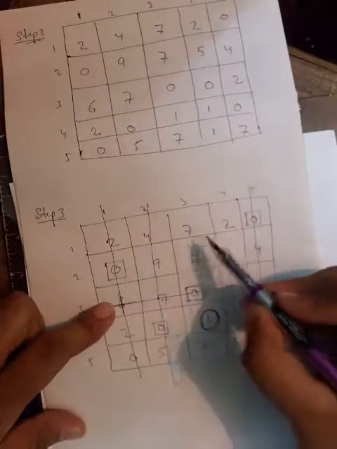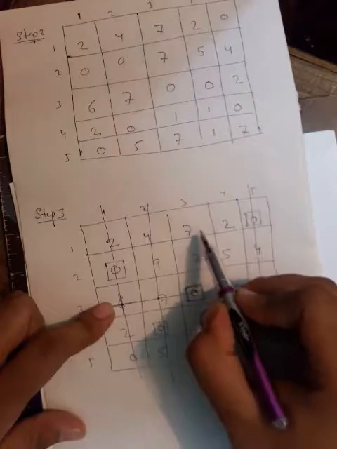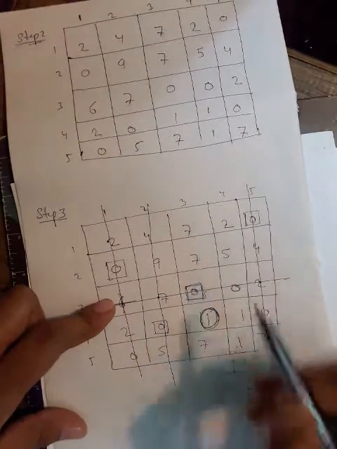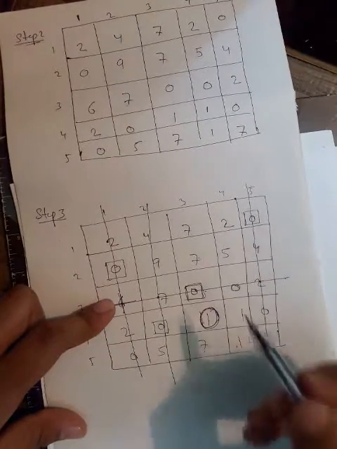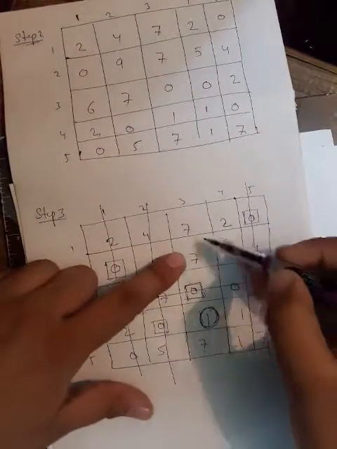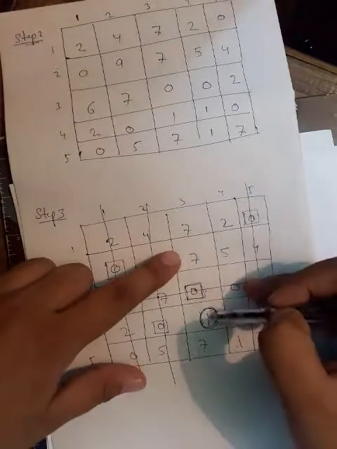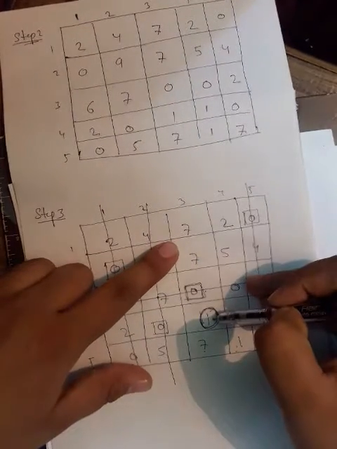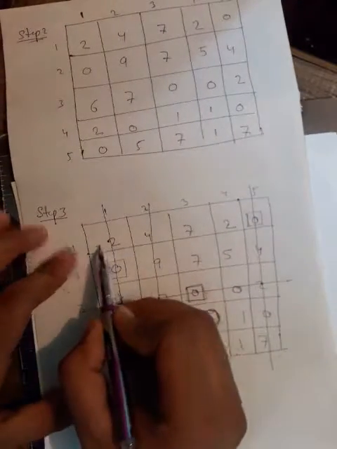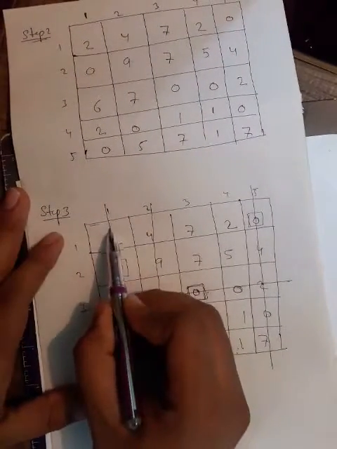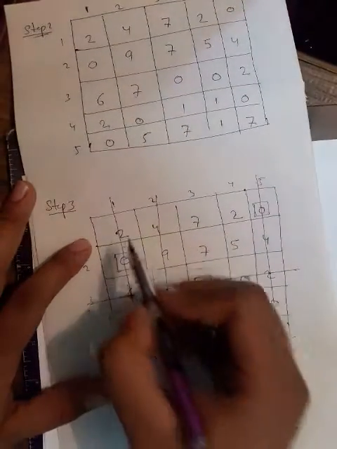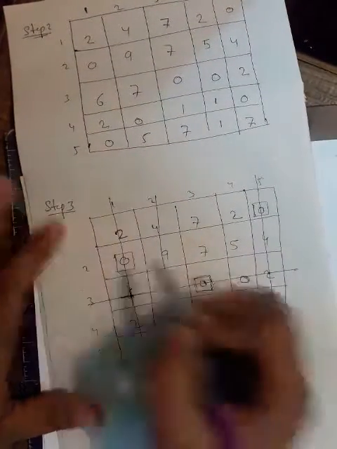And next, wherever there is no cancellation, see here 7, 2, 7, 5, 1, 1, 7, 1, these are not cancelled. So in this case, in this element you have to subtract it with 1. Okay, and wherever there is a cancellation but there is no intersection, here is only one cancellation but there is no intersection of the two cancellation lines, so you have to keep this element as it is.